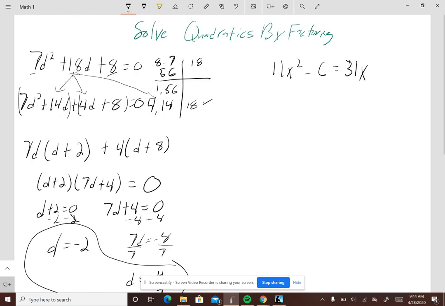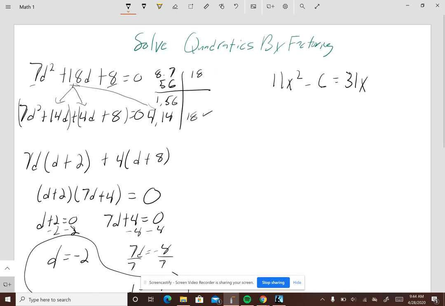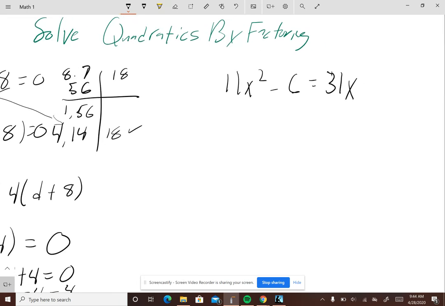Okay, so let's look at one more example that maybe starts off looking a little different over on this side. So this one says 11x squared minus 6 equals 31x. Do we know how to solve that? It looks a little different, right? So what we have to start with is getting everything set equal to 0, so then we can factor it.